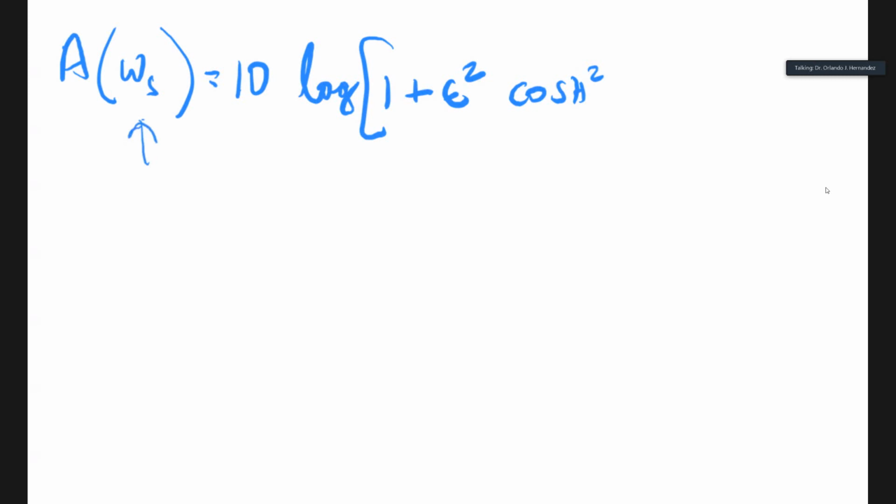At the bottom of the transition, when we actually have a stop band frequency that is different from the passband frequency, we would use this equation to relate those two.